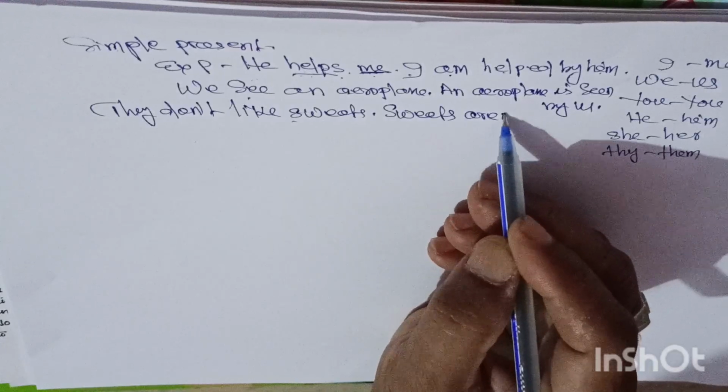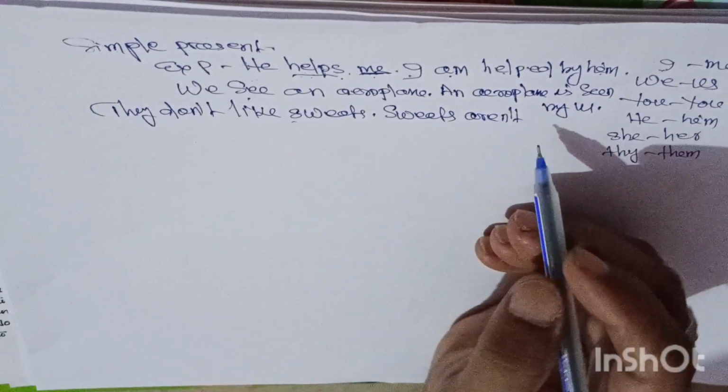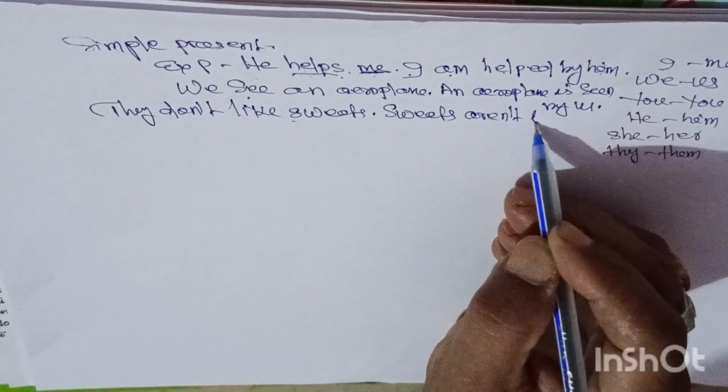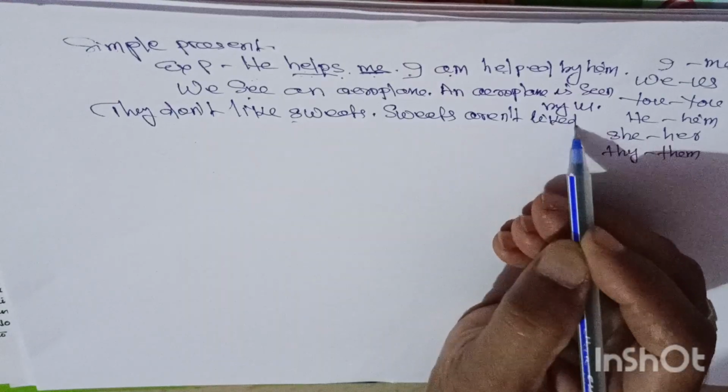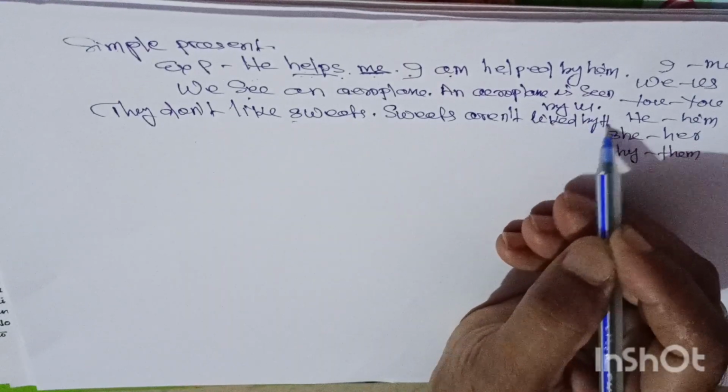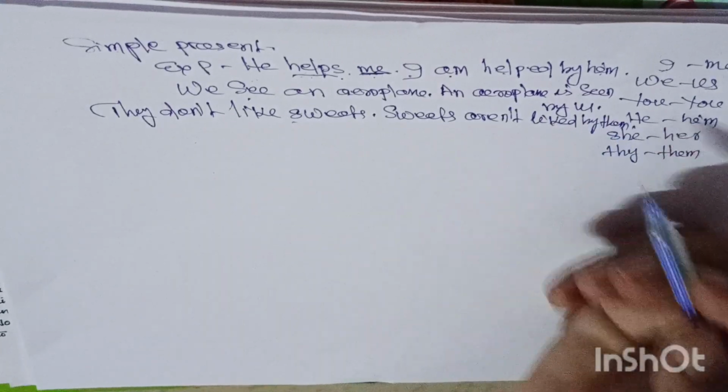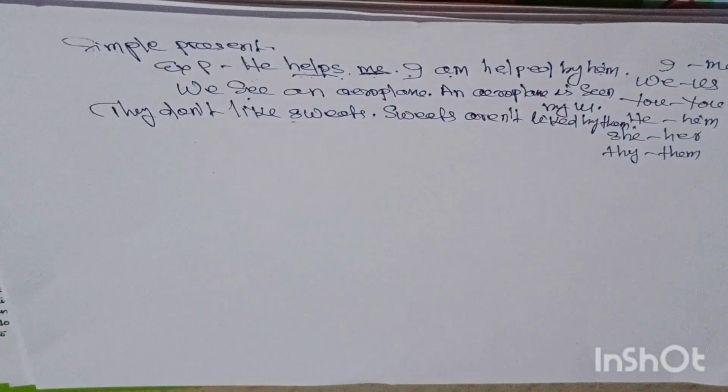As it is negative, not is used. Then the verb is like, that is, liked by them. You always put the past participle in passive form. In passive form, always use the past participle.